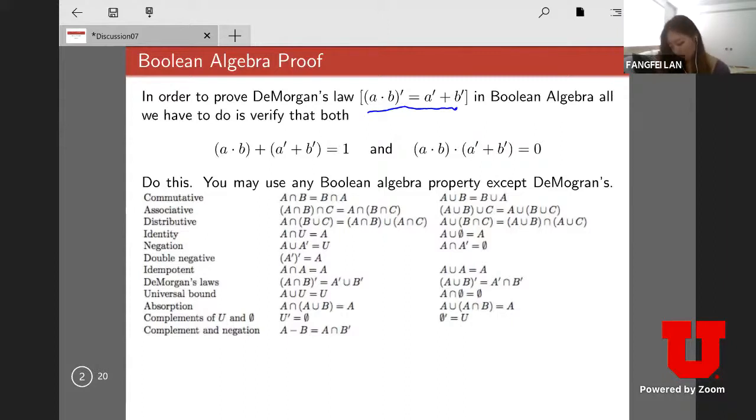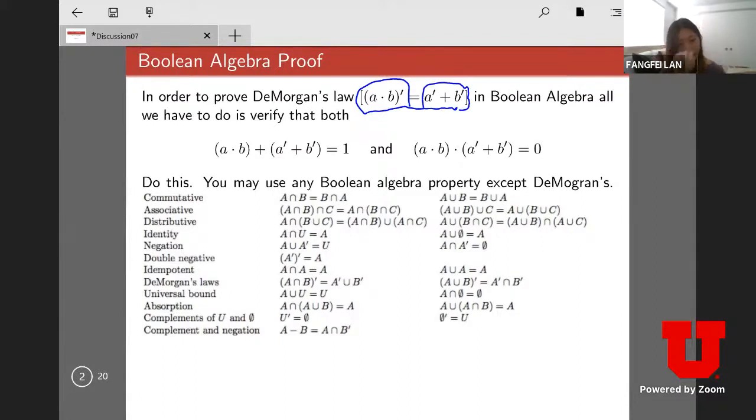Okay, so basically, if we look here, we have A intersect B complement, right? So we want to show that the complement of AB is equal to this thing on the right side.